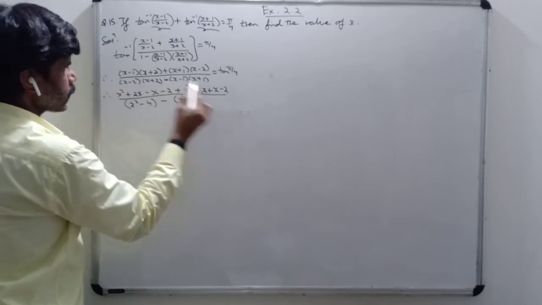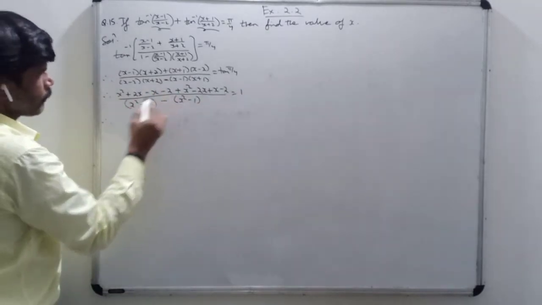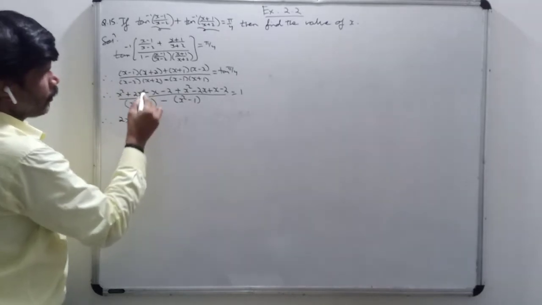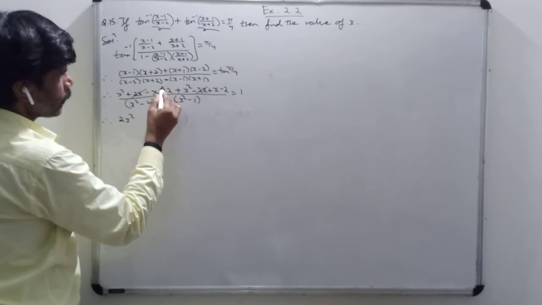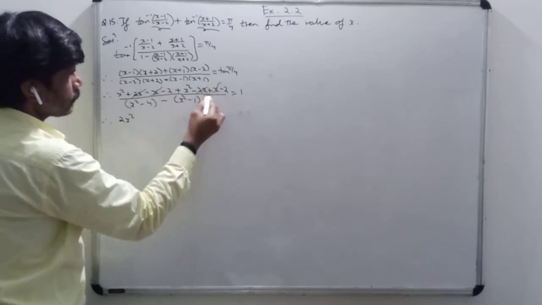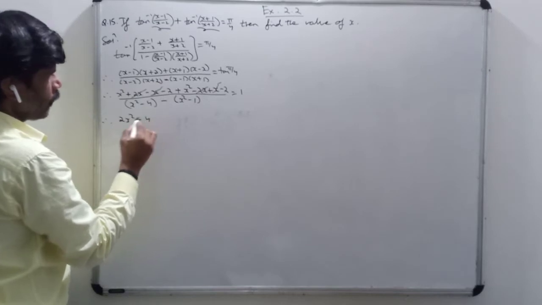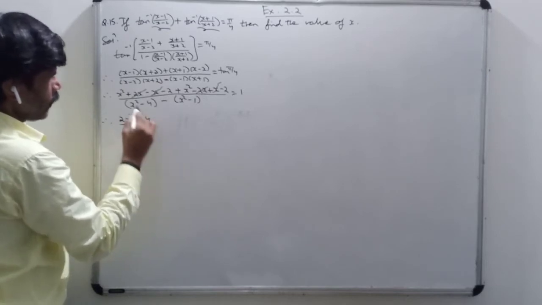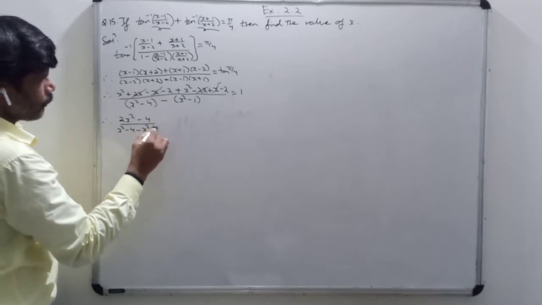Because outside is minus. So what is the value of tan of pi by 4? 1. So what we are getting: x square plus x square, 2x square, 2x minus 2x get cancelled, minus x plus x also will get cancelled, then minus 2 minus 2 is minus 4, upon x square minus 4 minus x square plus 1 is equal to 1.